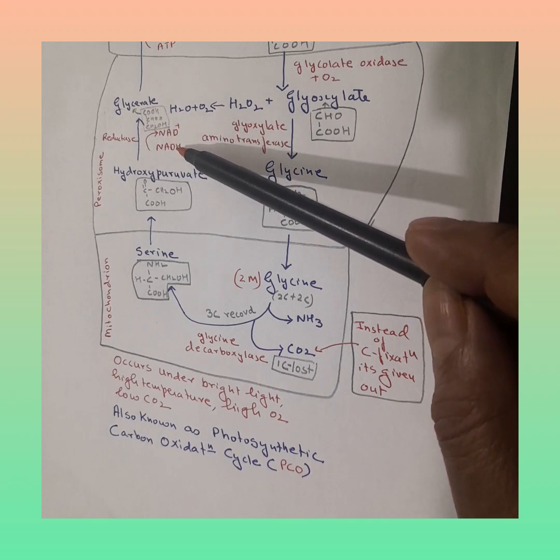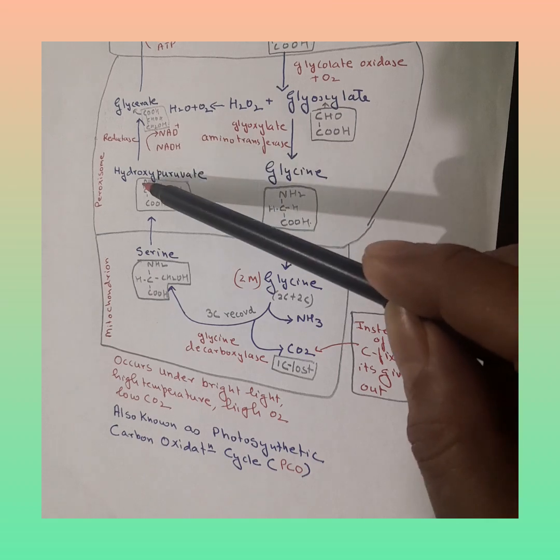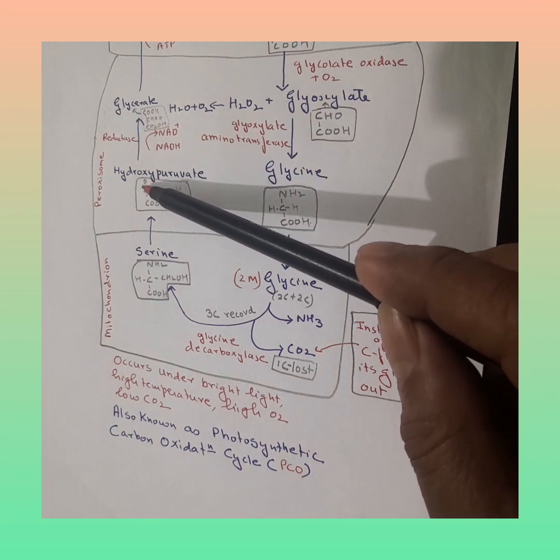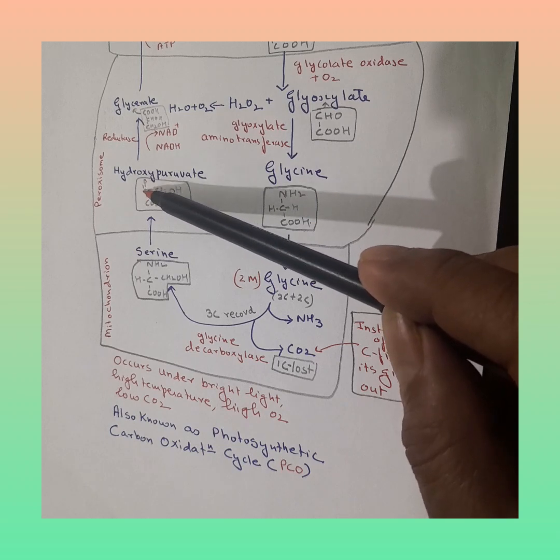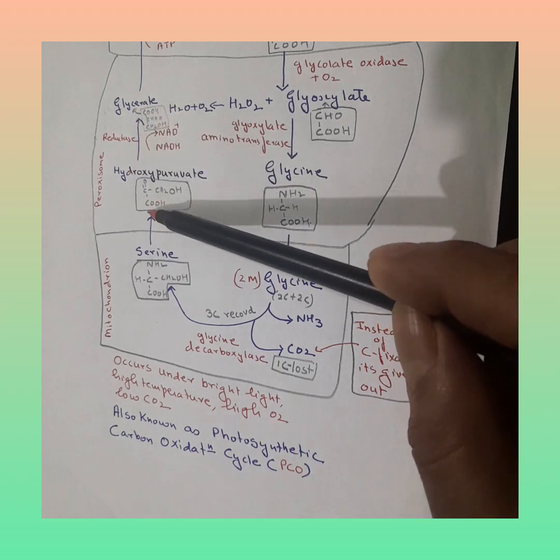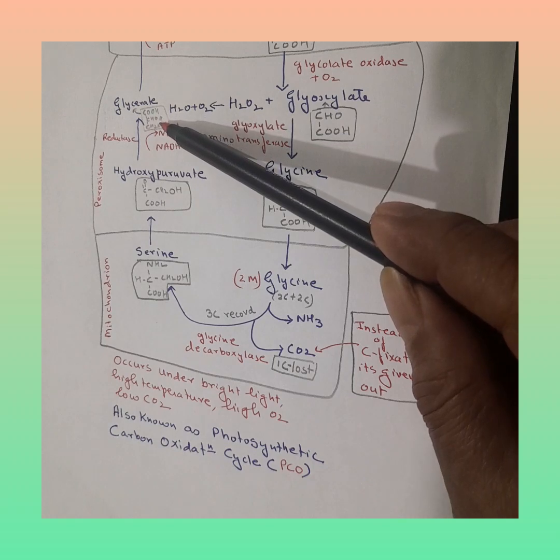This hydrogen is used for hydrogenation of this carbonyl, C double bond O. So the carbonyl in the center gets converted to CHOH, whereas COH remains intact and CH2OH also remains intact.